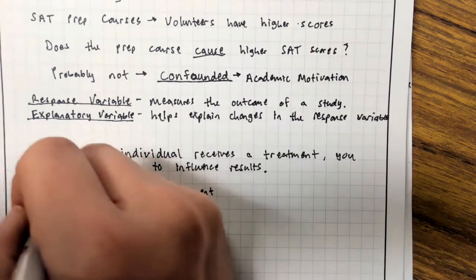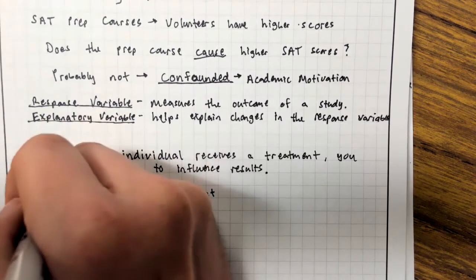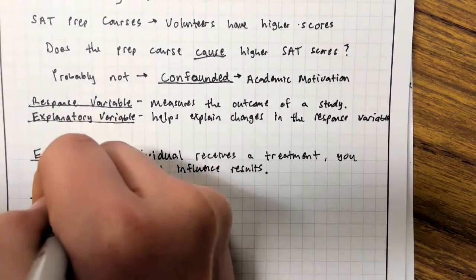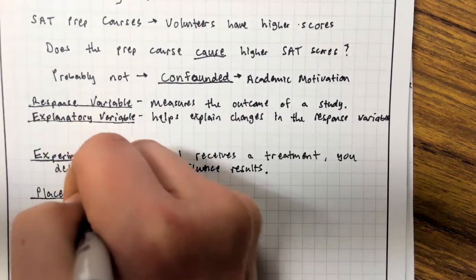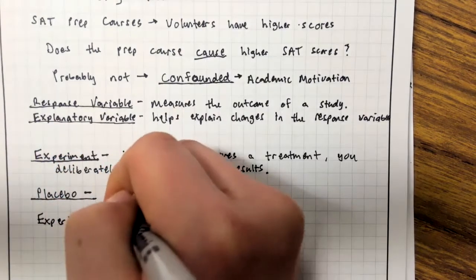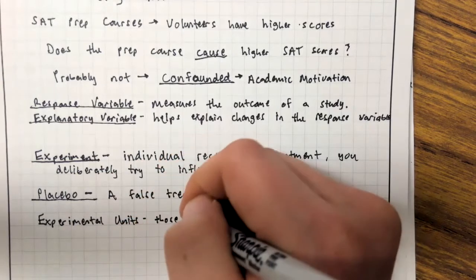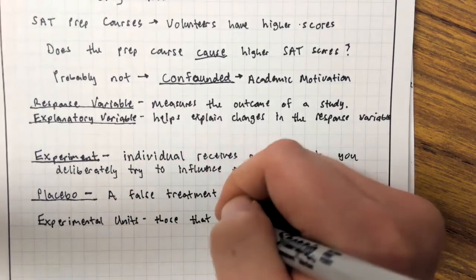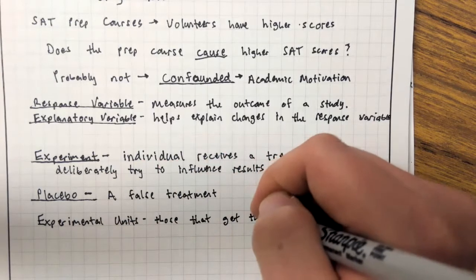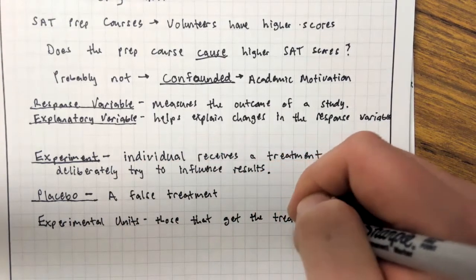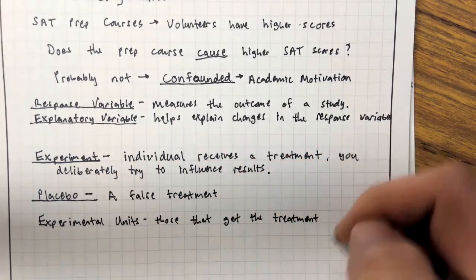Lastly, in an experiment, the experimental units are those that get the treatment. Those that get the treatment are known as experimental units.